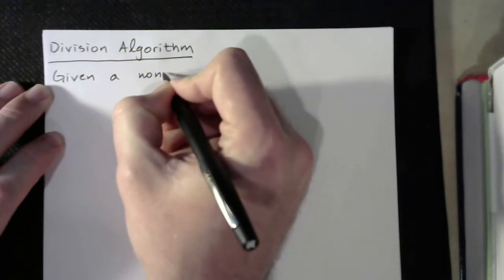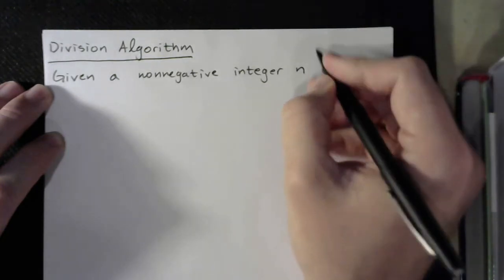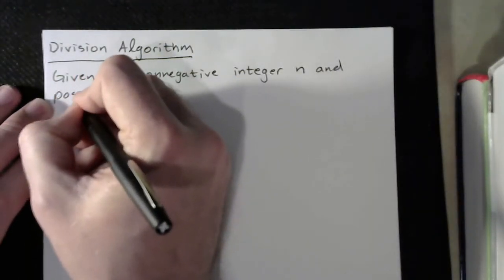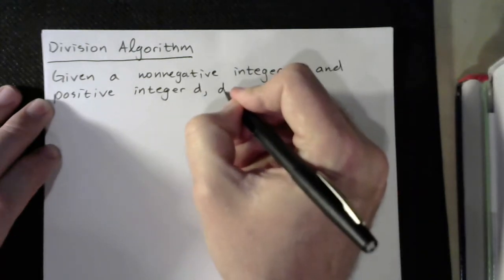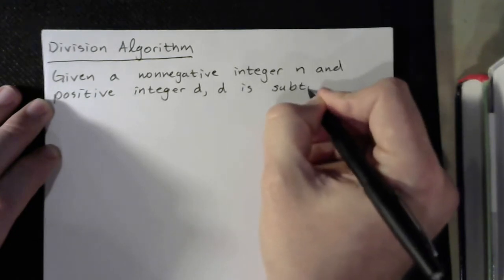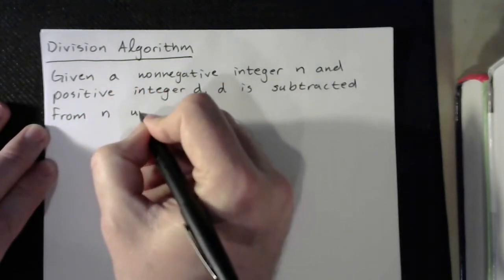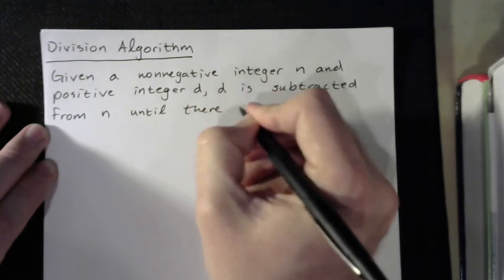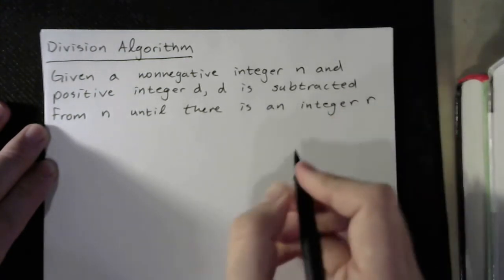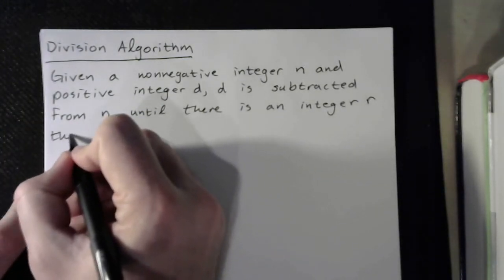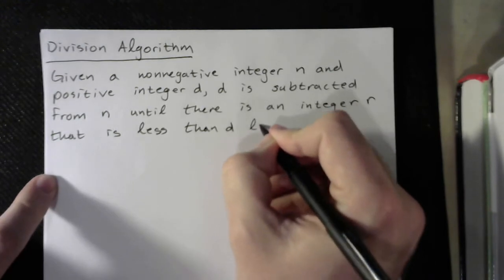Given a non-negative integer n and positive integer d, d is subtracted from n until there is an integer r that is less than d left.